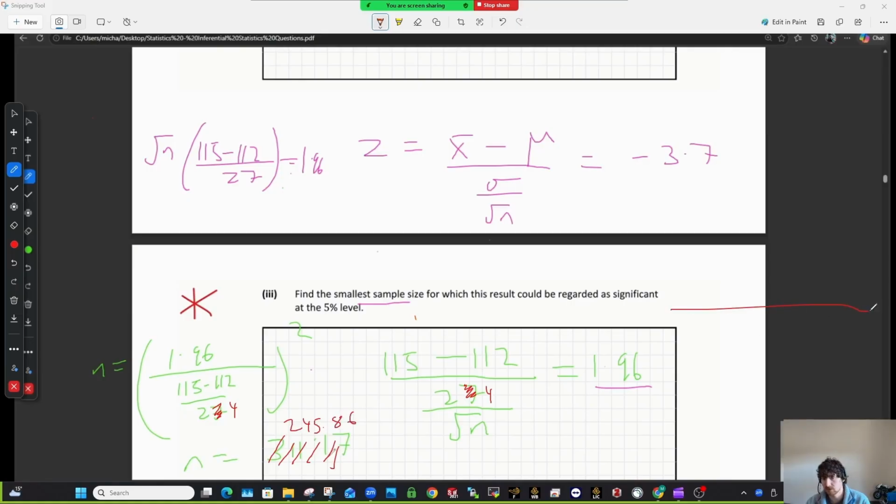As for whether you round up or down, whatever I do with the incorrect number here, 311.17, you'll do the same with this number, and you should get something like 246, rounding up. You do that by subbing it back in here and checking, as you'll see in a second, whether it goes above or below the 1.96.